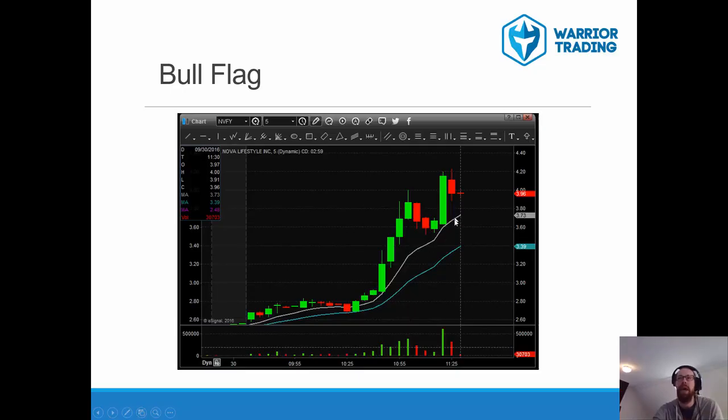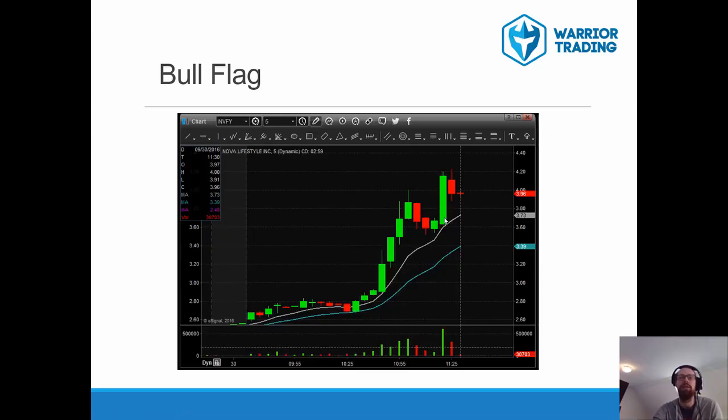So when you see this pattern, where would your entry point be? Let's say the price of this candle is 370. The high is 370. That is your entry point. As soon as this green candle breaks the high of 370, I would be a buyer.